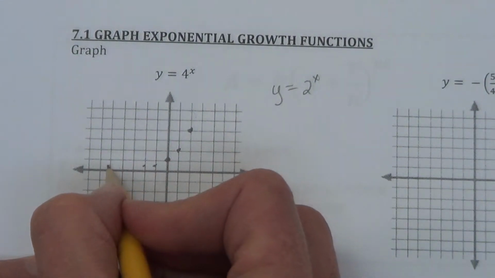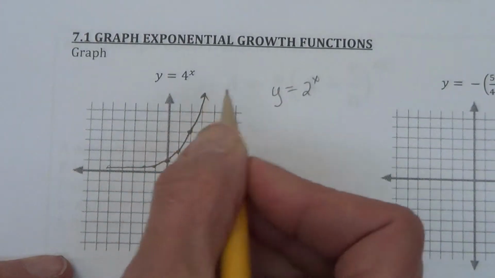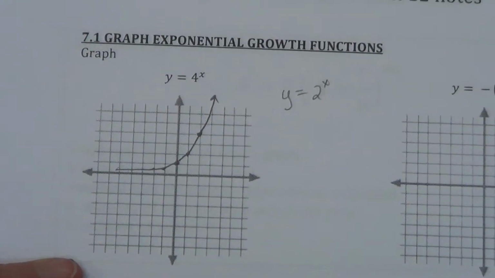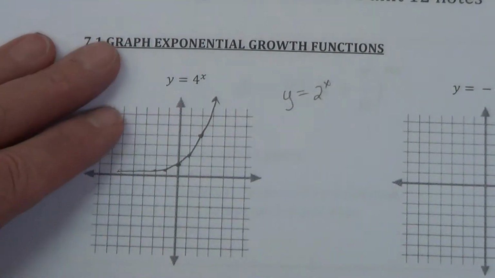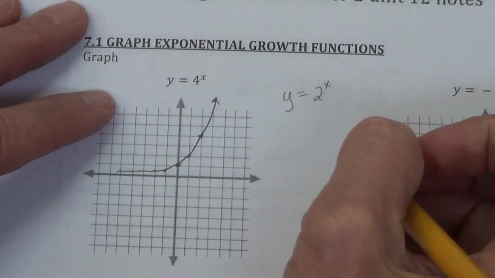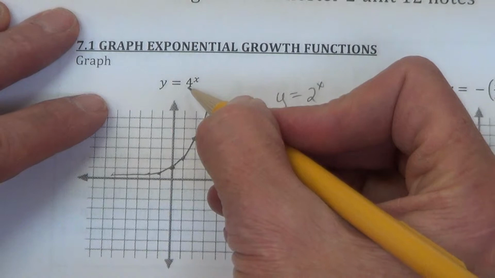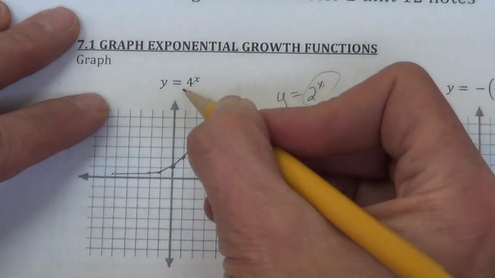So our parent graph for this looks somewhat like that. Now, when you see these graphs in this unit, you're welcome to go back to your parent graph and realize, okay, what I'm basically doing is just manipulating that parent graph slightly.